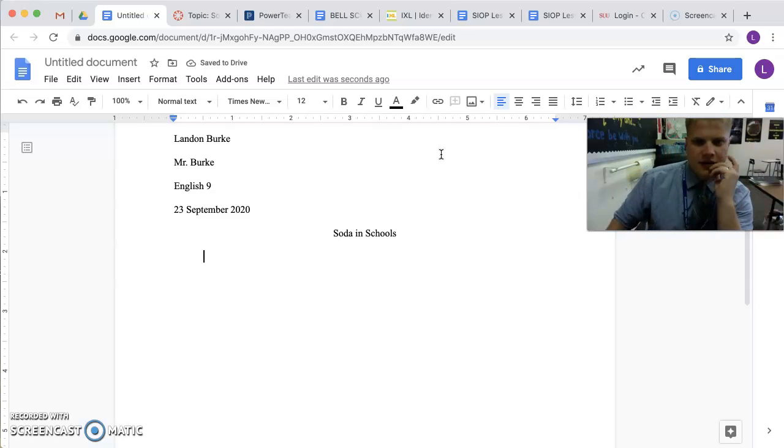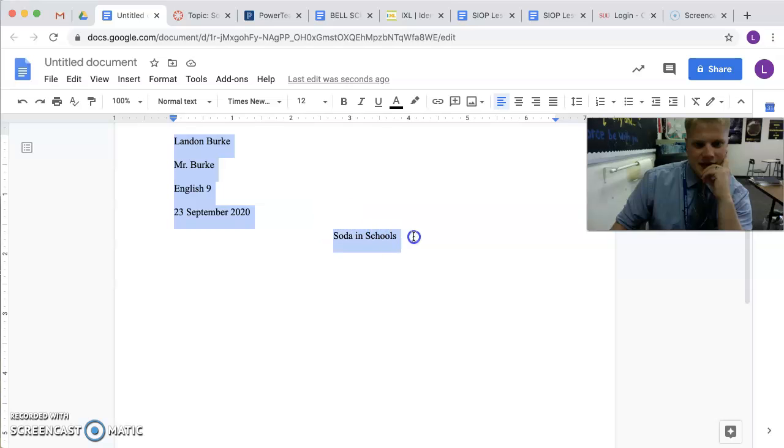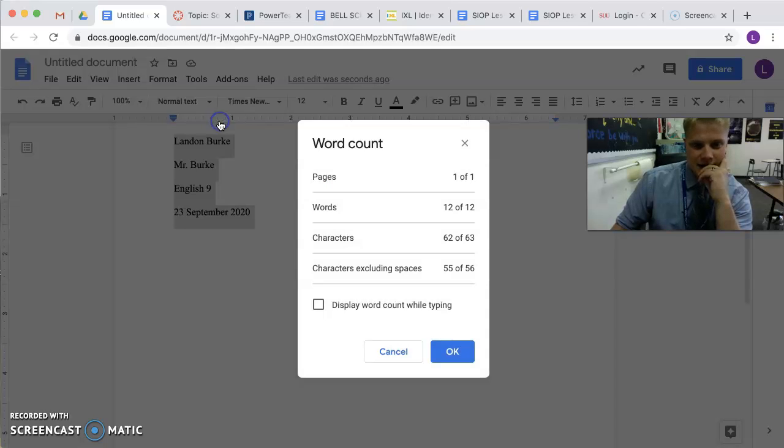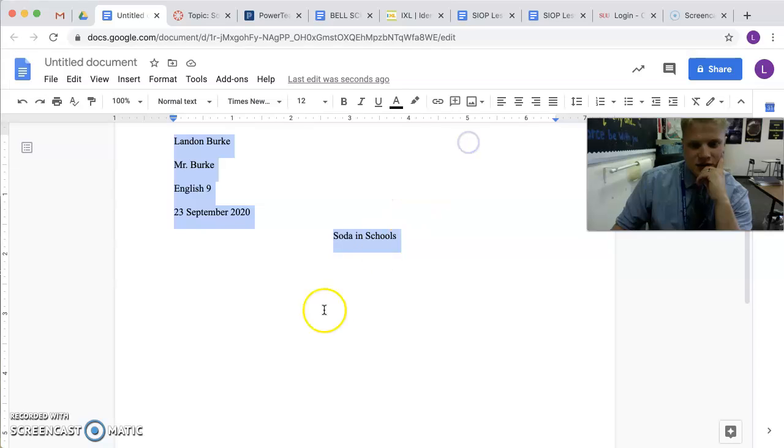Now, if you look already with just my MLA header, if I want to go to tools and go to word count, right now, just this, I've got 12 words with my MLA header.